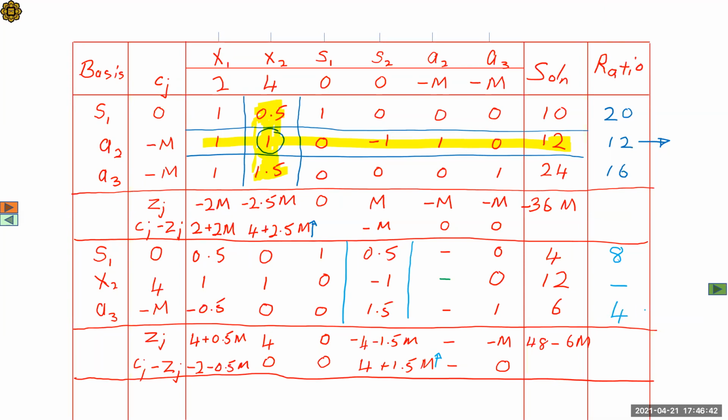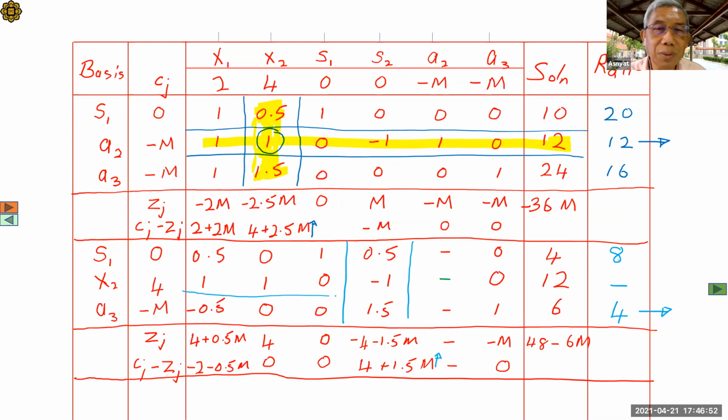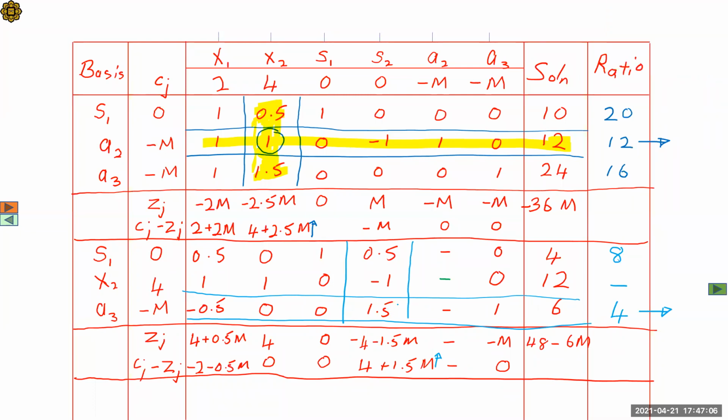So which one is the pivot row? A3. So this is the pivot row. Pivot number? 1.5.